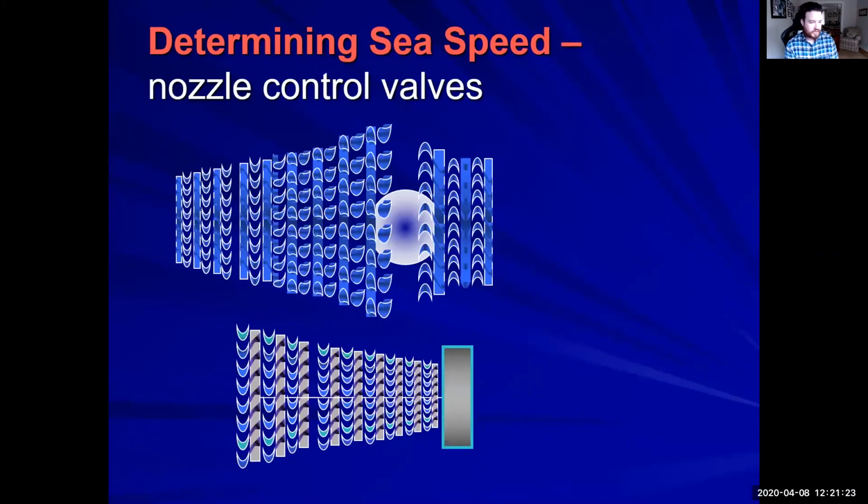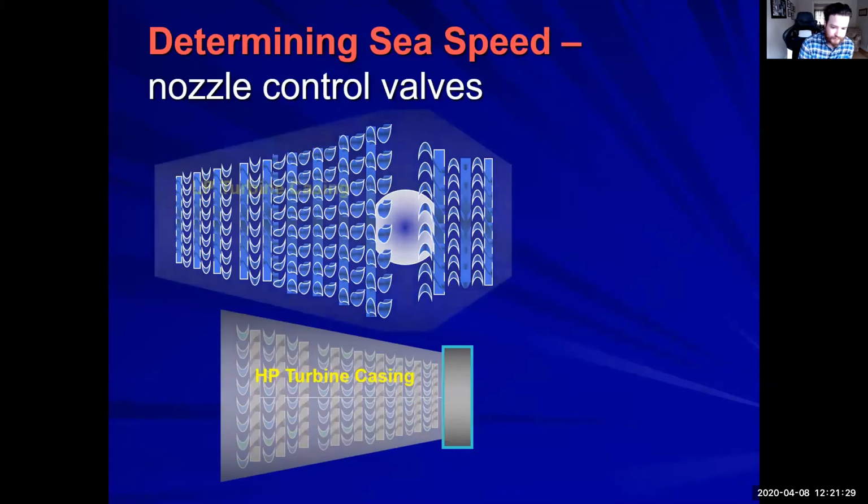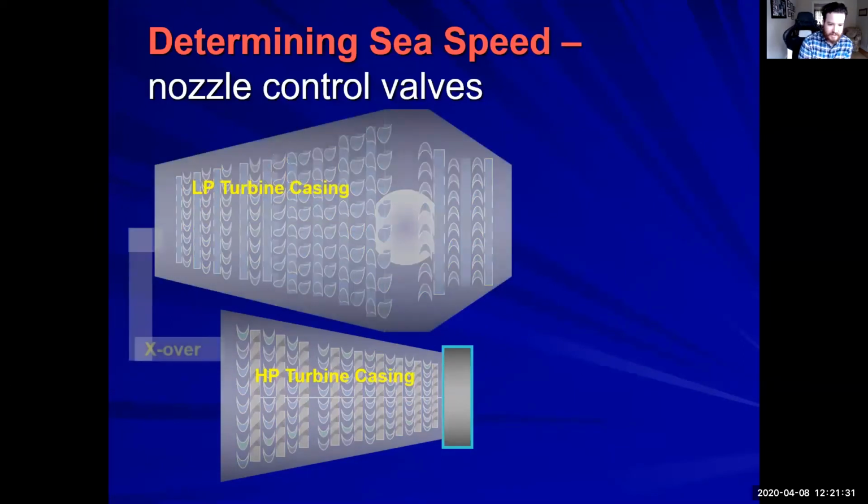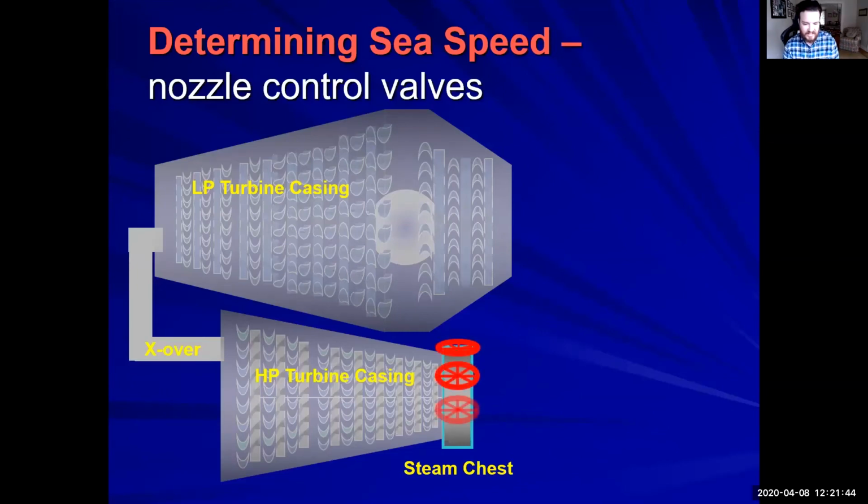So how do we determine C speed? That's the big question of the day. We have our big casings, our crossover, and our steam chest, and we basically utilize something called nozzle control valves. We have 4 of them, and they're only on the steam chest for the high pressure turbine casing.